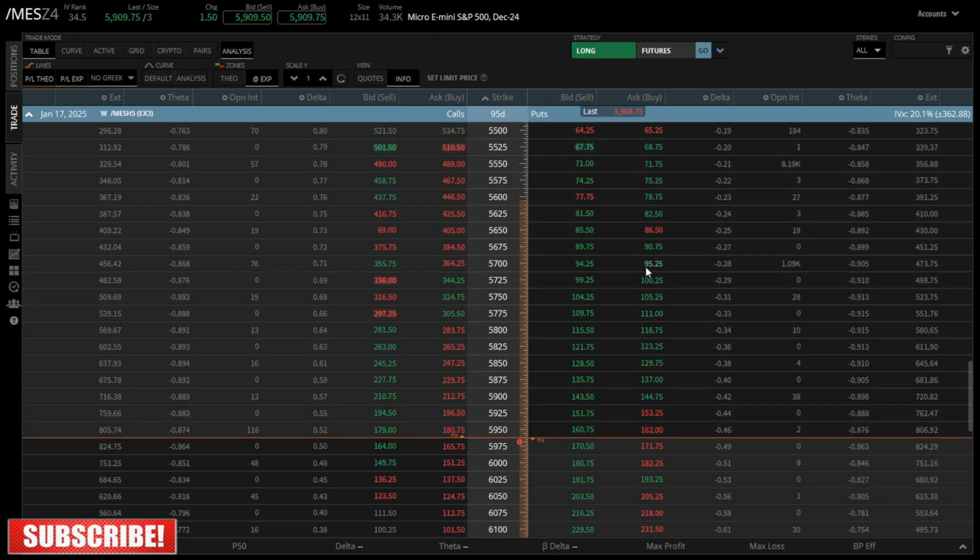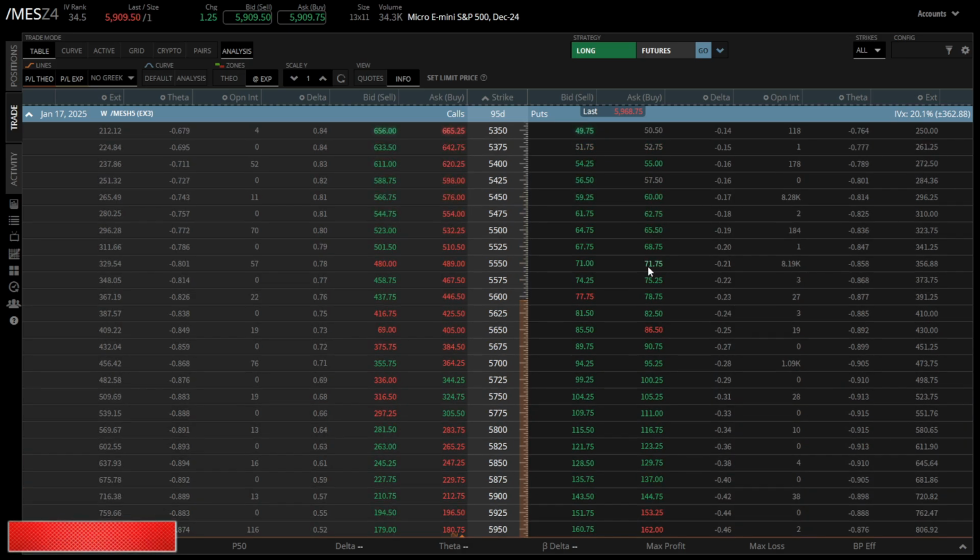The first thing we're going to do, remember, is look for the strike price for us to buy our debit spread. And the debit spread starts with delta. That's the first thing you need to pay attention to. How much is the long leg of the debit spread?